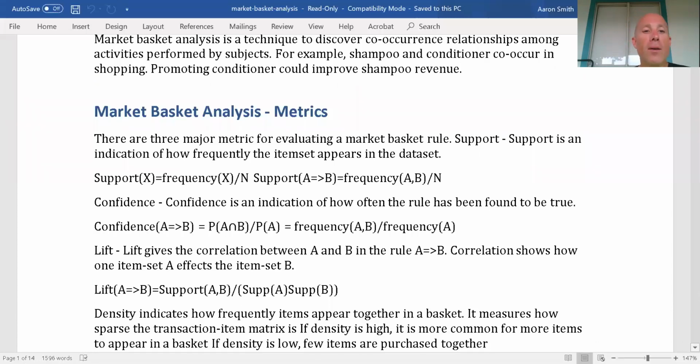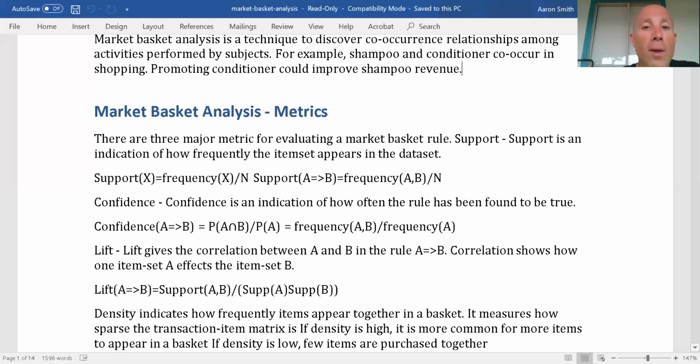All right, so there's a couple of metrics that we need to talk about before we get into this. We've got support, confidence, and lift. Those are the big three for market basket analysis. Support is an indication of how frequently the item set appears inside the baskets.